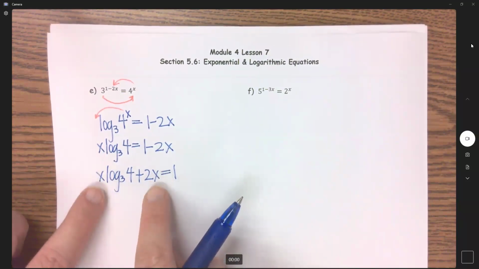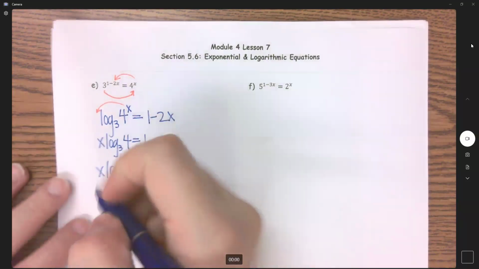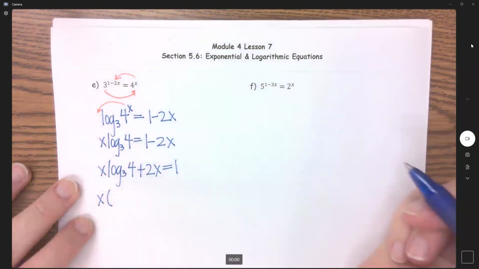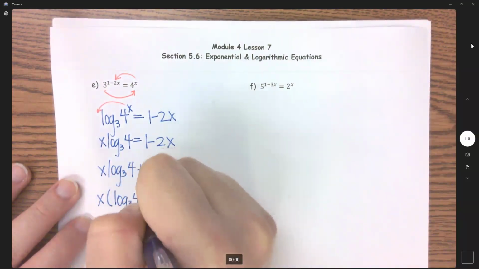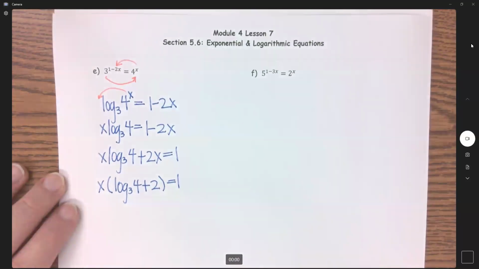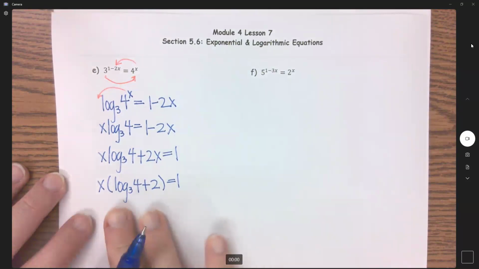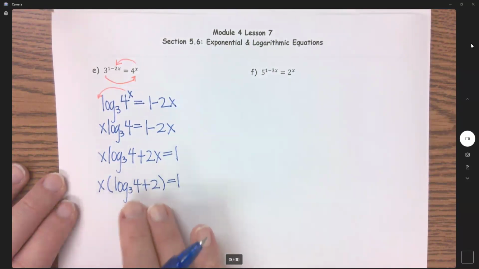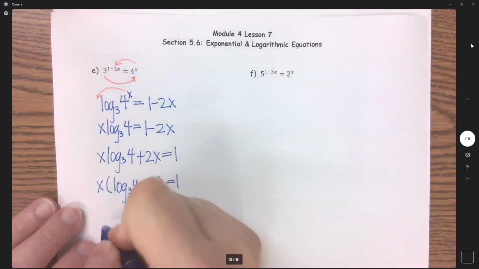Because both of these terms have an x, I can factor out that x. So that's going to leave me with log base 3 of 4 plus 2. This right here is a number. I can type this into my calculator and get a decimal equivalent. So this is x times a number. To get x by itself, I'm going to divide that over.